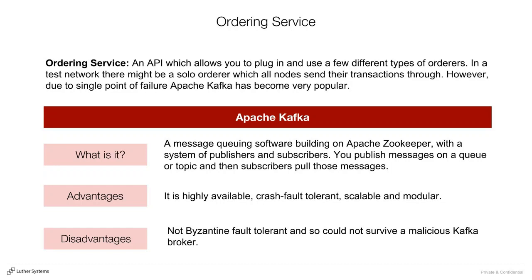LinkedIn is one of the biggest developers and users of Apache Kafka, but fundamentally it's a message queue type system where you have publishers and subscribers, where you can publish messages on a queue or a topic, and subscribers then can pull those messages and read those messages from that topic.